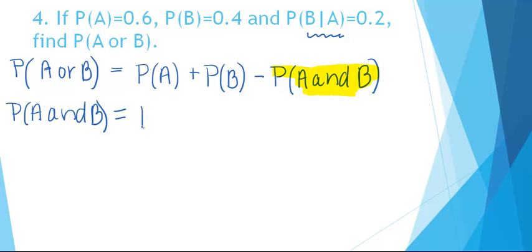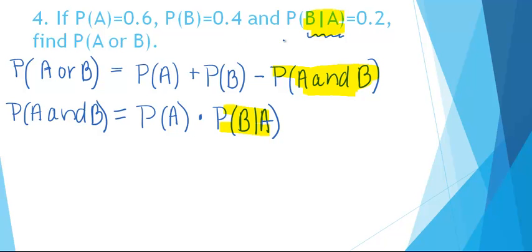So in this one we would do the probability of A times the probability of B given A. Why would we use that one? Because we have this, and so this formula would be the one that would work with it.